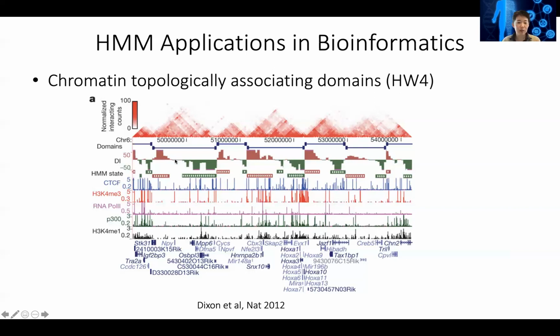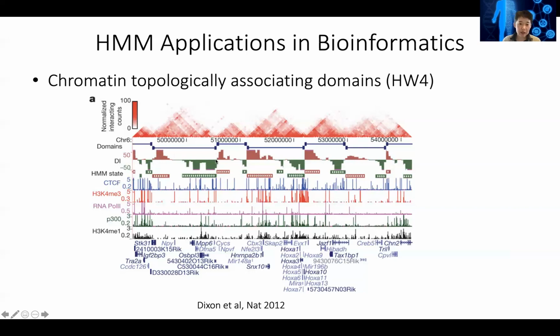It's close to 0. But then if you keep going in here, these regions have a very strong propensity to interact within their own domain, which means they interact with the sequence before, but not with anything afterwards. Then there is a very strong bias in here as well. So based on the chromatin interaction data, you will see that these interactions are suddenly biased towards interaction with things after, or interactions with sequences before.